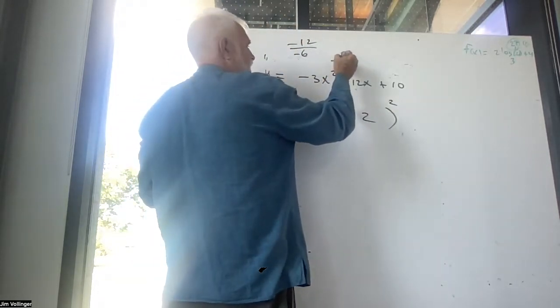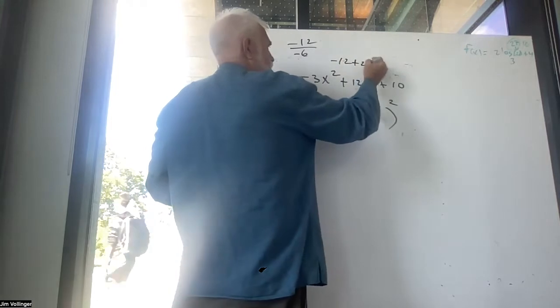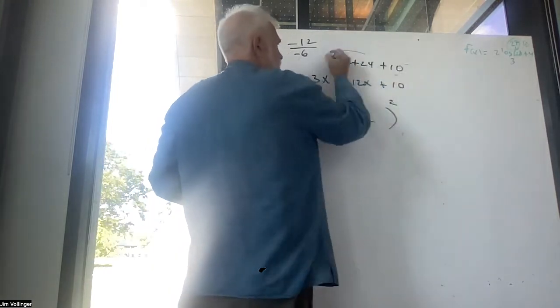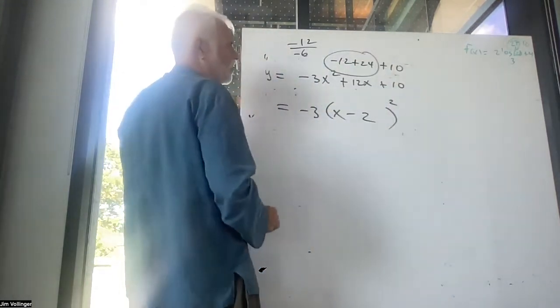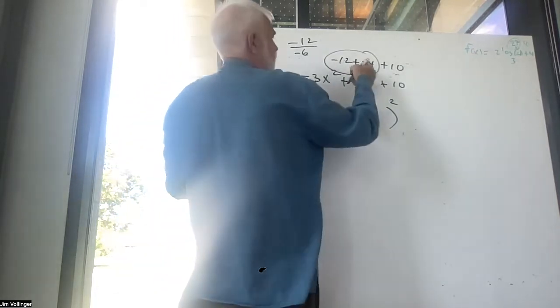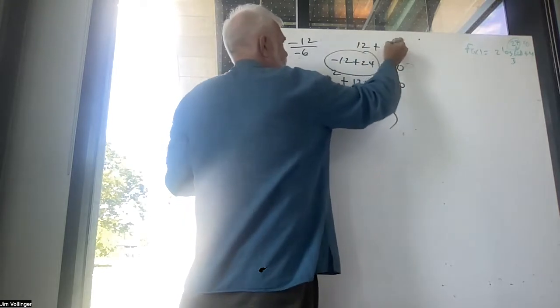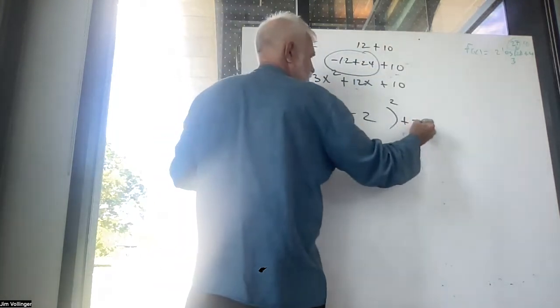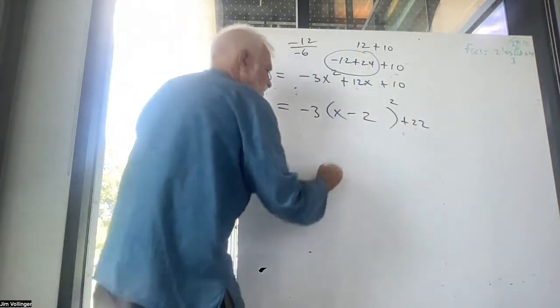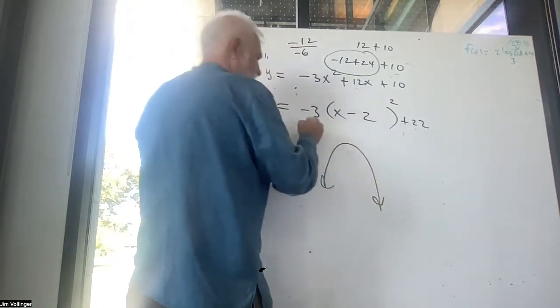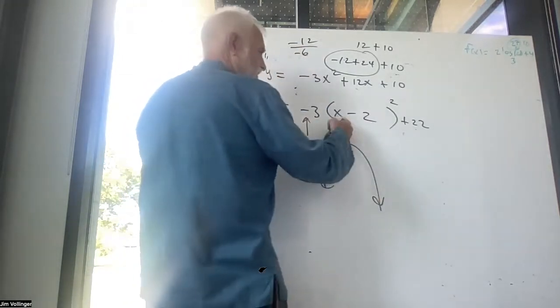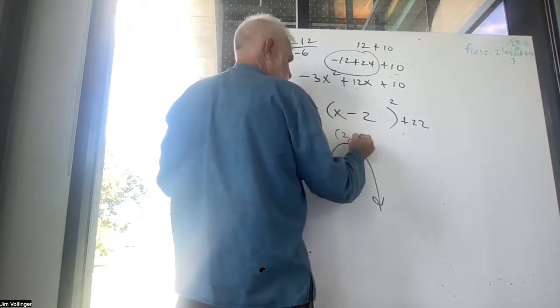I get negative 12, plus 24, plus 10. I see what I wanted to see, so I know that's a correct calculation. So that's half of the middle term, or the opposite of the first. 12 plus 10, 22. I now can see cup shape down, because that's negative. I can see the vertex is 2, 22.